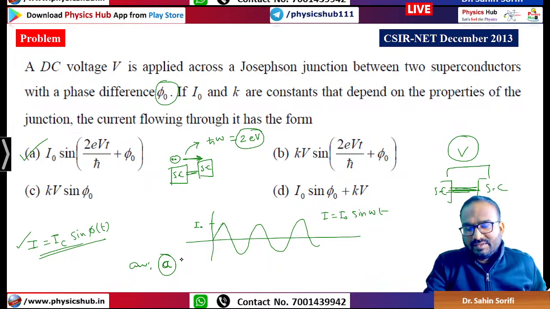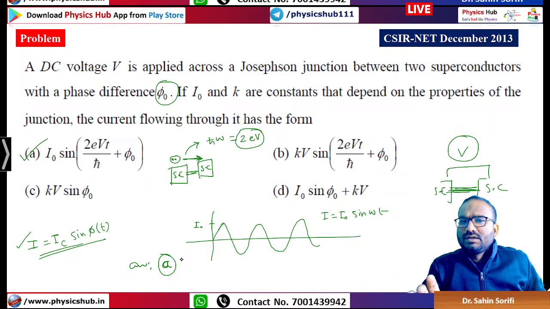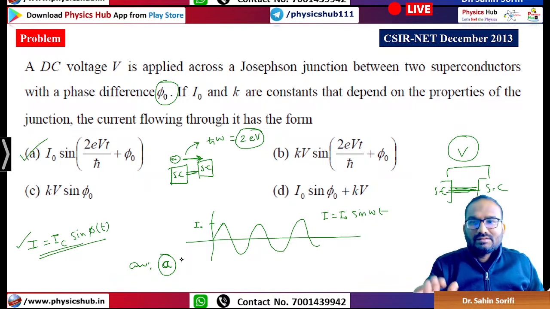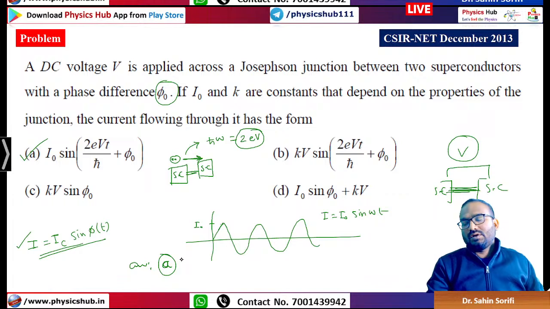I am running a lot of test series: CSIR NET test series, where you will get a tremendous amount of questions, GATE test series, and recently we are also conducting a BARC test series. On all these test series, questions are different, it is not like the same questions are given in all of them. Practice as many questions as possible, and I hope you will be easily able to understand whatever theory you have done till now.